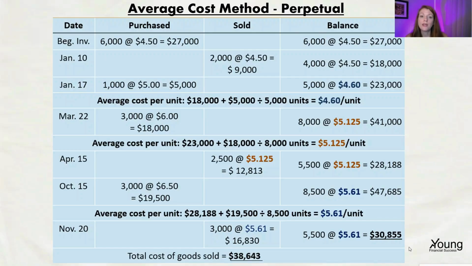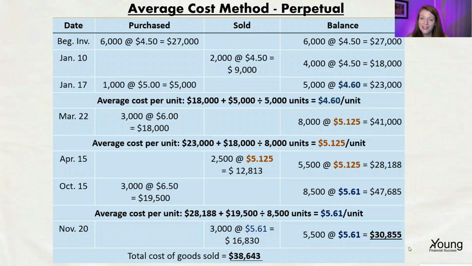And then we add in the $5,000 we just spent, which is $23,000. We divide it by our 5,000 units in total, and that gives us $4.60 per unit that's going to be showing up in our ending inventory. So now right above that we have 5,000 units at $4.60 each. We have $23,000 in inventory.